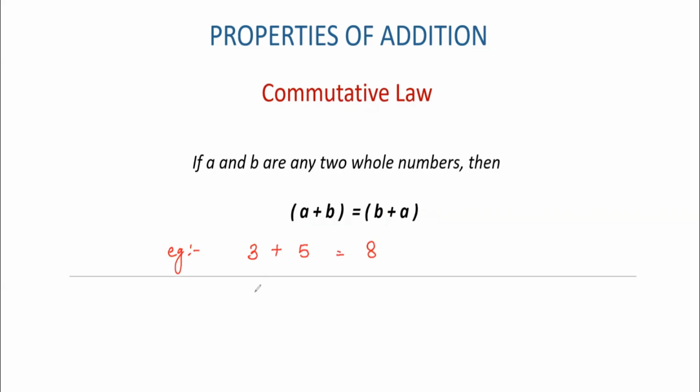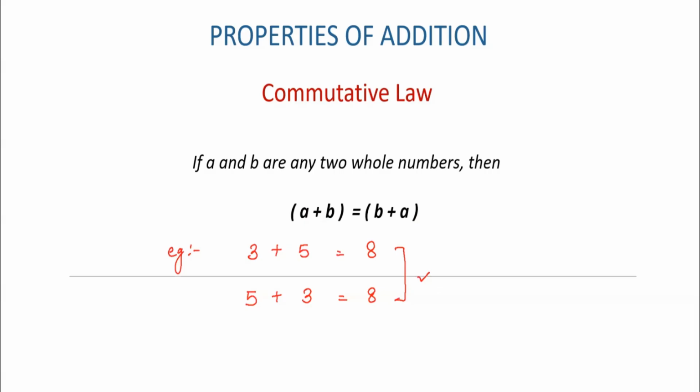And when we change the position of these whole numbers, 5 plus 3, this will also give the same answer 8. So the position of whole numbers does not matter here. Therefore, the commutative law holds in case of addition of whole numbers. So A plus B will always be the same as B plus A.